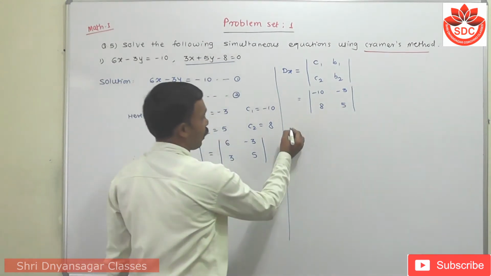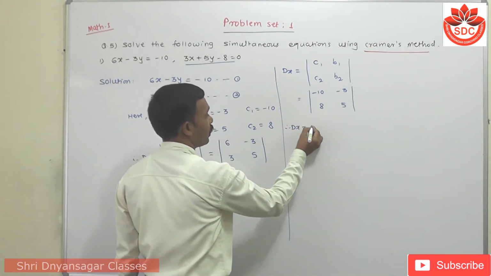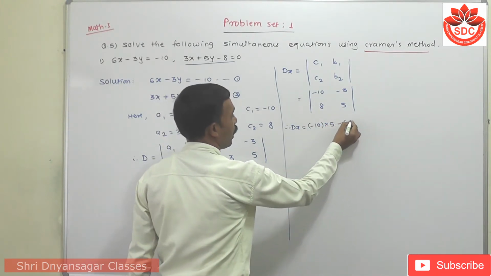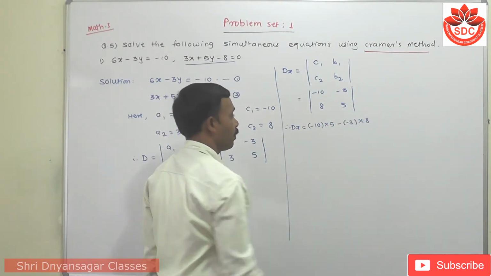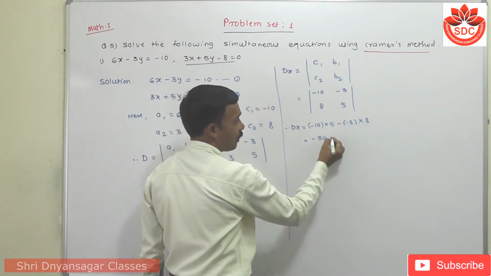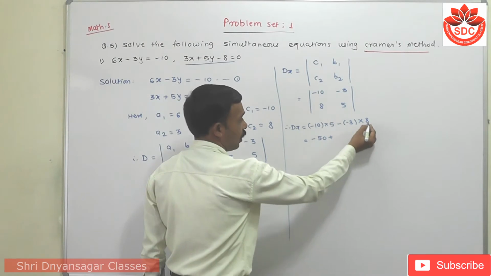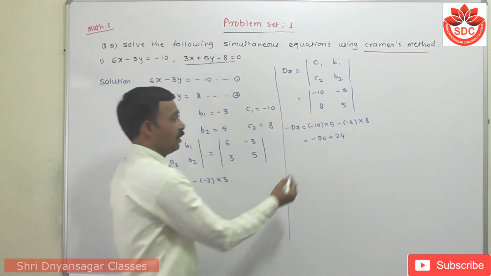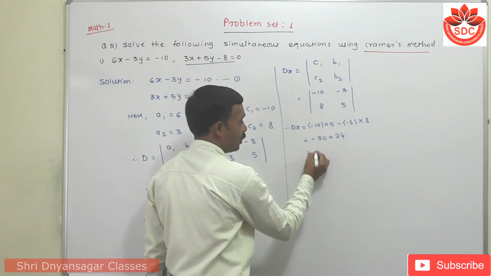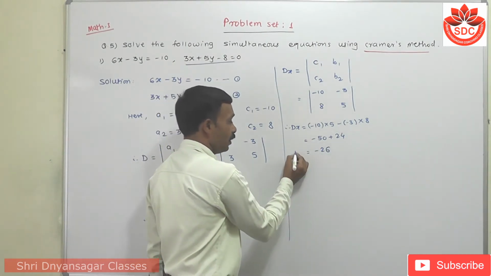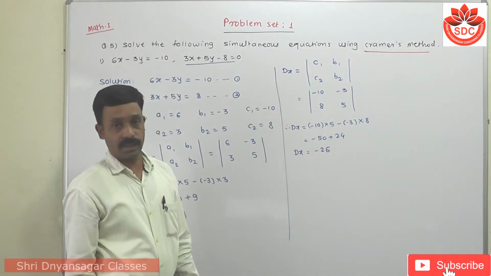Then by cross product, dx is equal to minus 10 into 5 minus 3 into 8. Then this product is minus 50, minus 3 eights are 24. Now the subtraction becomes minus 26, giving the sign of the bigger number. This is the value of determinant of x.